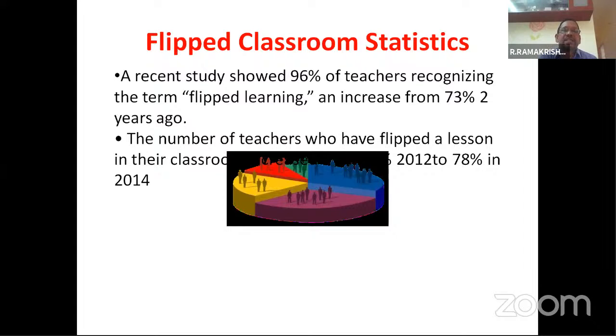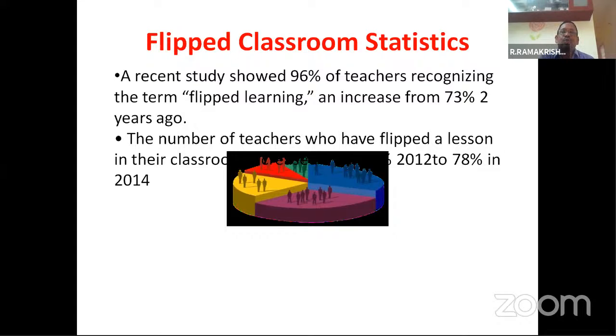The statistics about the flipped classroom. As already told, the concept of flipped learning was developed and implemented in the US in 2012. Thereafter, a lot of significant improvement was obtained.